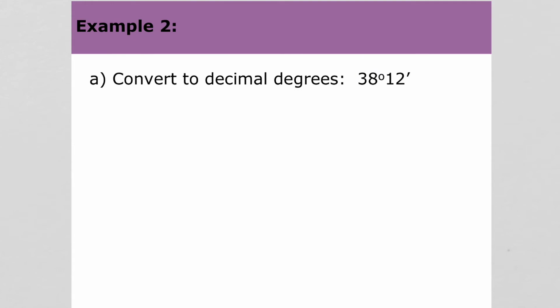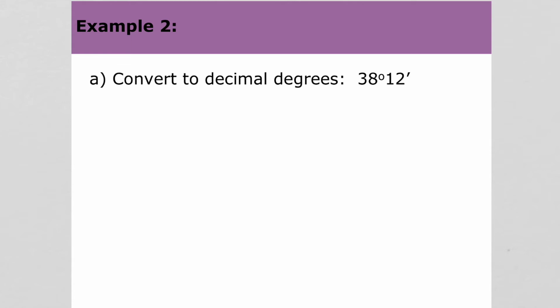Okay. So let's talk about converting between angles and between degrees and radians and decimals and minutes and seconds and all that. Okay, so convert this angle, 38 degrees and 12 minutes, that's what the little asterisk there stands for. Seconds would have 2 of them.